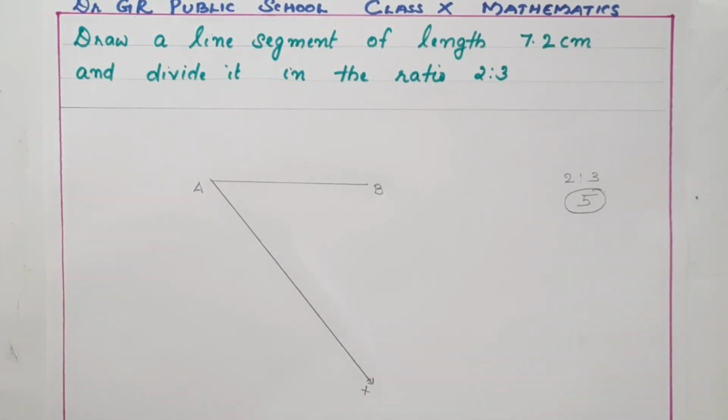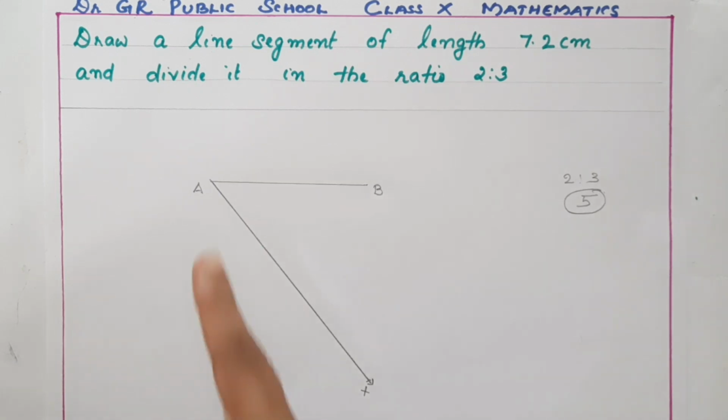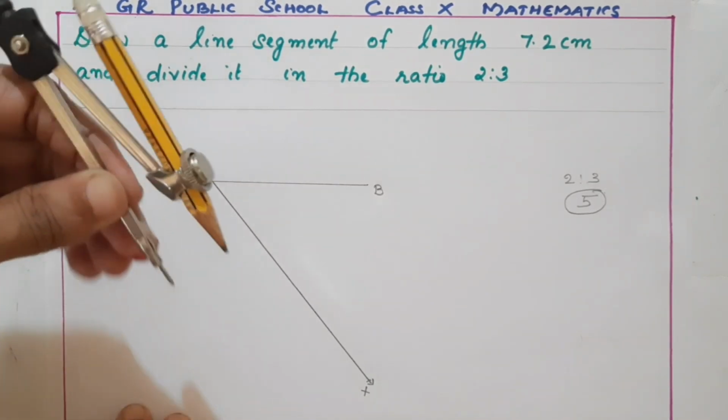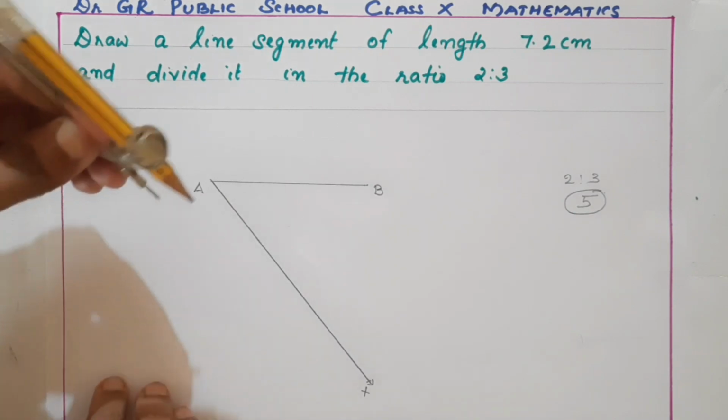Okay. So how will you get, how can we make 5 equal parts on this ray? We have to take any suitable radius in the compass to get equal parts. Okay, so fix a radius.